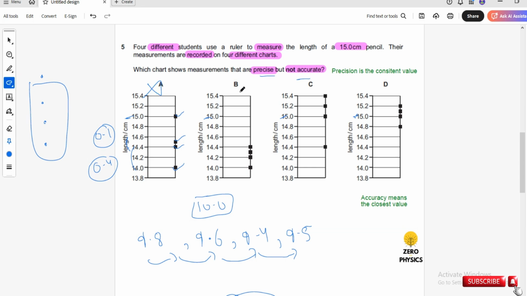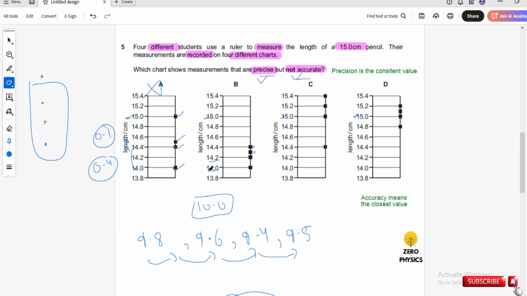A is incorrect. Let's talk about B. Here is 14, here is 14.2, here is 14.3, and this is 14.4. Also, one thing: it is not necessary that a value has to be accurate and precise. A value can be precise, but not necessarily accurate. So he's talking about precise but not accurate; we don't need the accuracy.